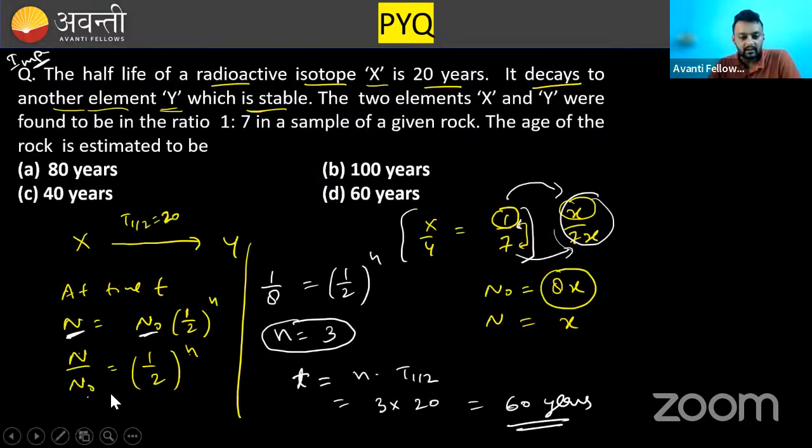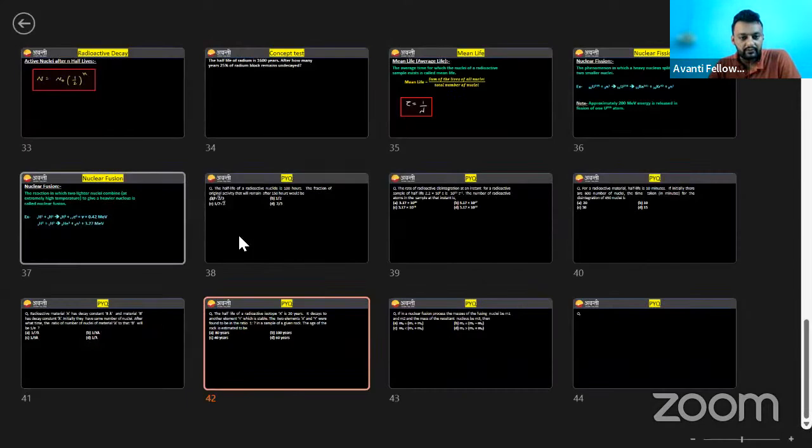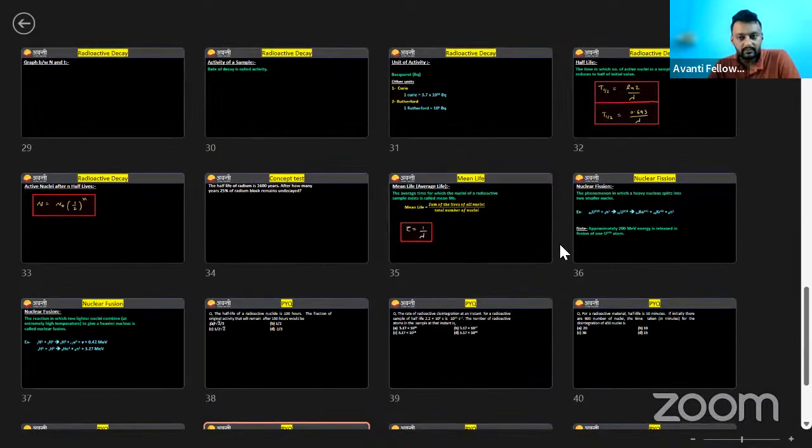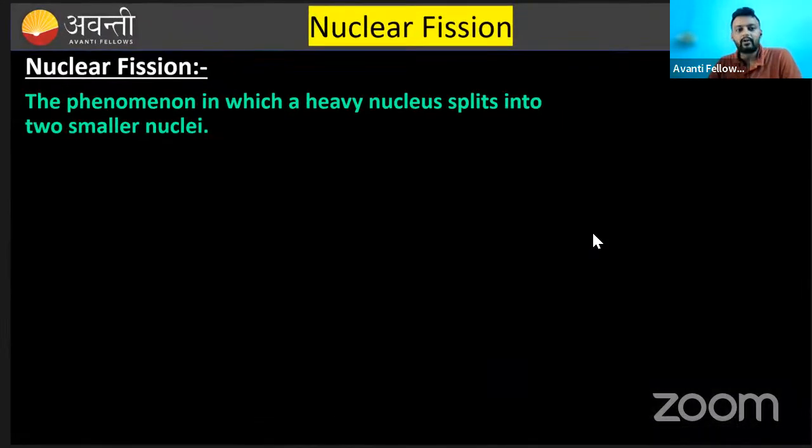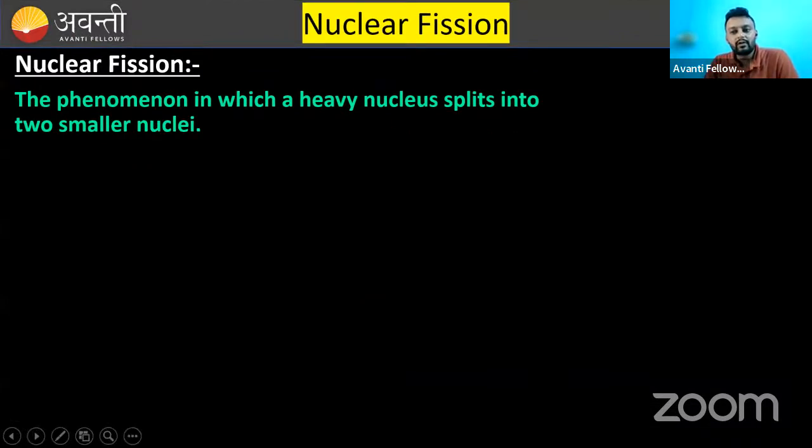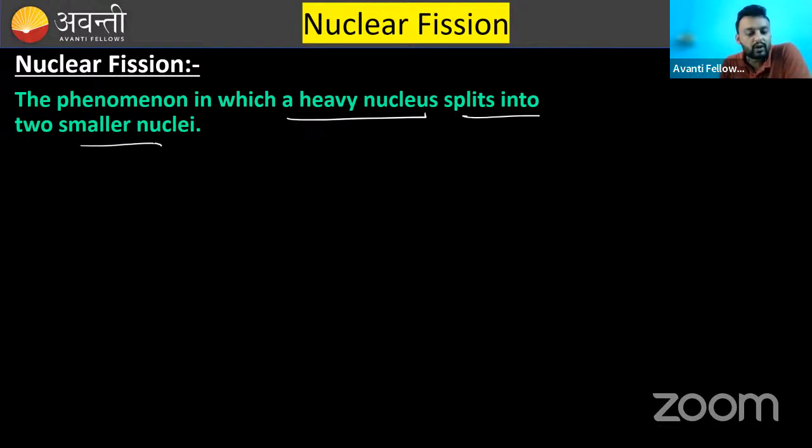Now we will take some examples on nuclear fission and fusion. I have told you in the previous class, or yesterday's class, what fission is and why it happens when the nucleus becomes unstable. I have drawn a graph of the binding energy per nucleon curve. So what happens when a nucleus splits into two smaller nuclei?